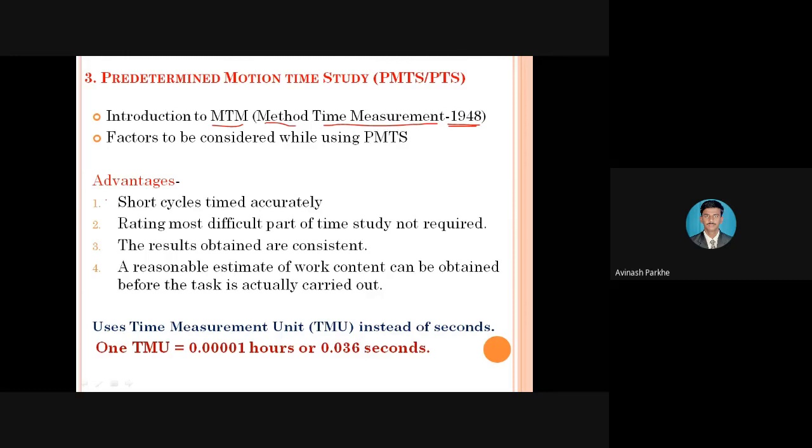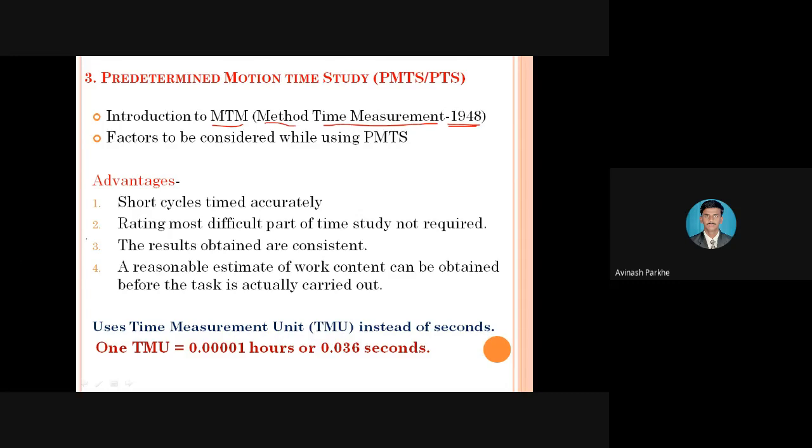But whatever the 2 hour rough value I have decided, I have decided it under the concept of predetermined motion time study. That means before starting our activity, we decide a rough time to complete that task. That concept is called predetermined motion time study.